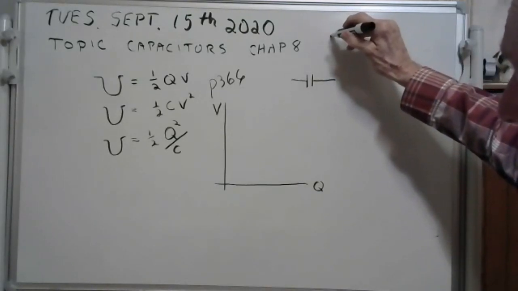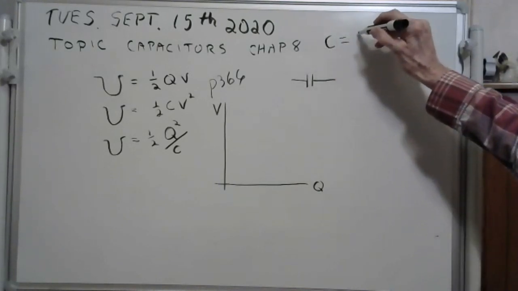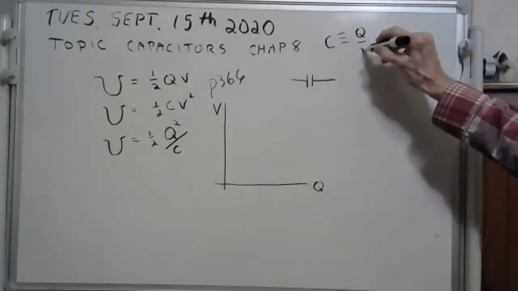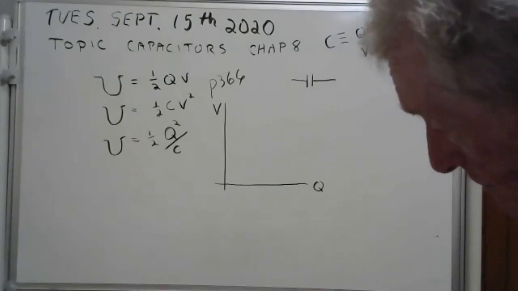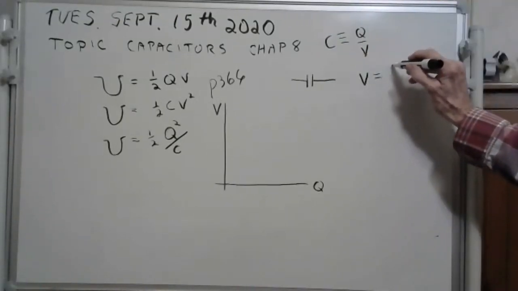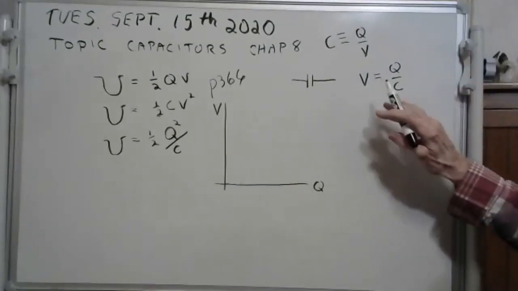The equation goes like this. Of course, this is what you're going to memorize. The definition of capacitance is Q over V. But if you want to solve for V, it's Q over C. Well, C is just a constant.